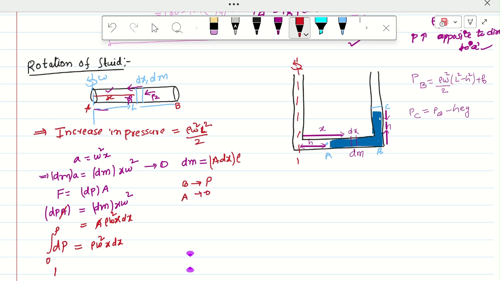So now P is equal to the integral from 0 to L of rho omega square x dx, that equals rho omega square x square by 2, from 0 to L. So that equals 1 by 2 rho omega square L square. This is the answer. So the pressure P increases away from the axis of rotation and decreases towards the axis of rotation.